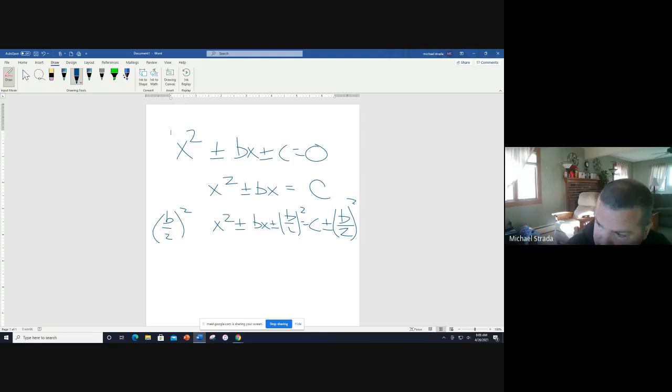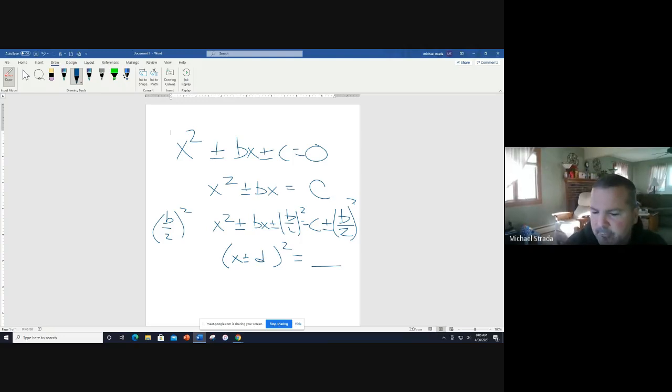This is then going to factor into a perfect square trinomial.